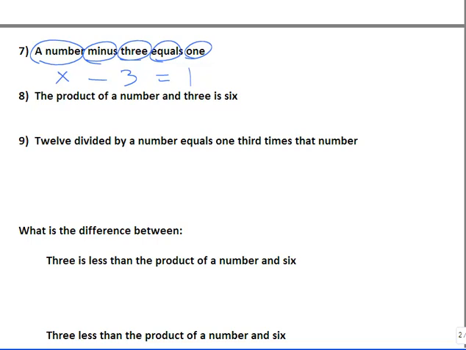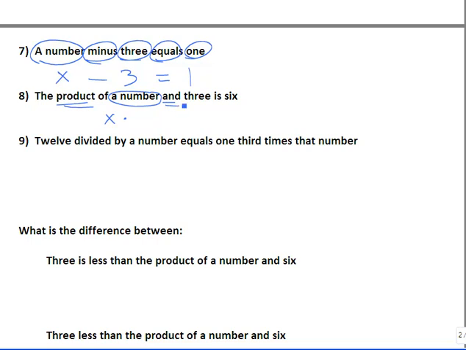Okay, example 8. The product of a number and 3 is 6. So going left to right, we have a product. Product means multiplication. What are the two things we're multiplying? Look for that word "and." Whatever comes before it comes first in front of your multiplication. So here a number becomes our x.